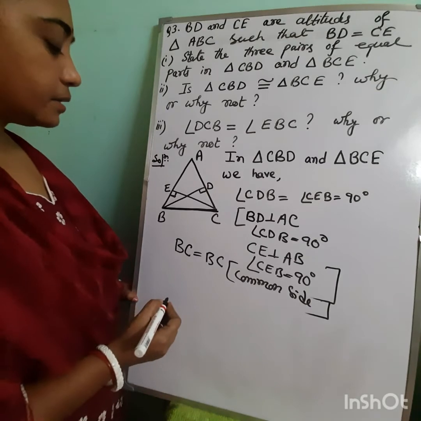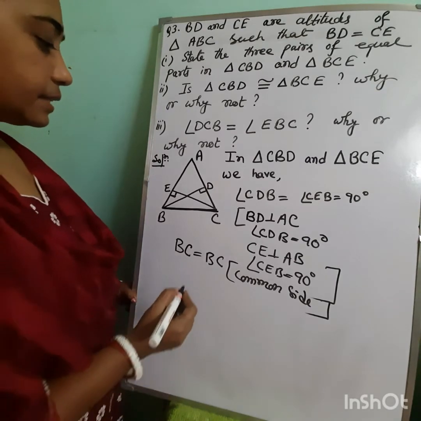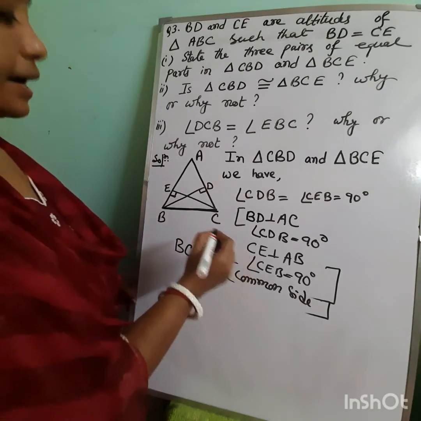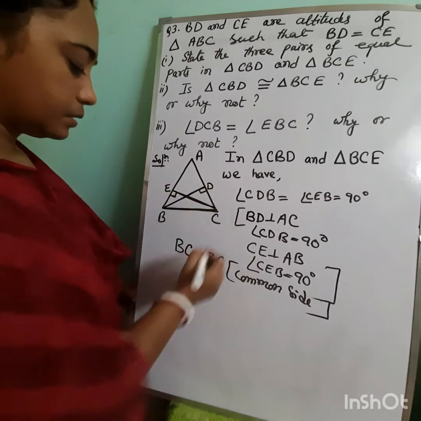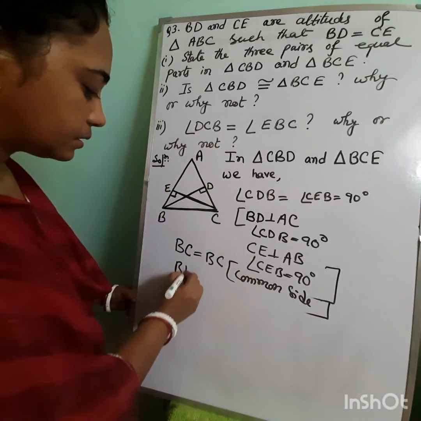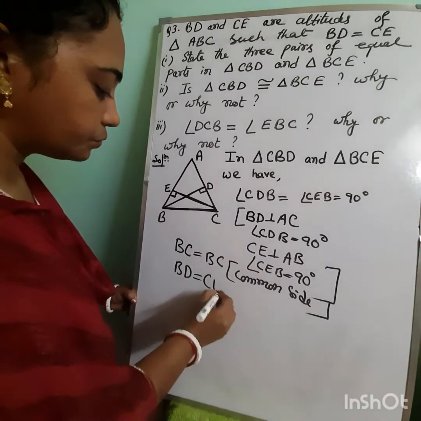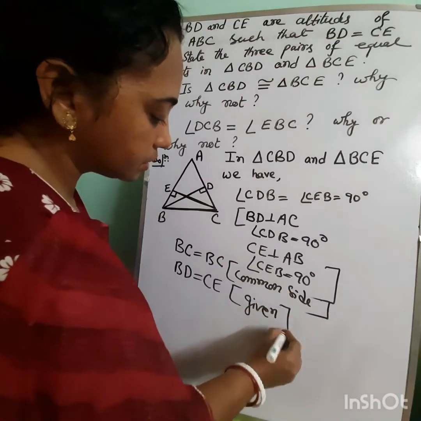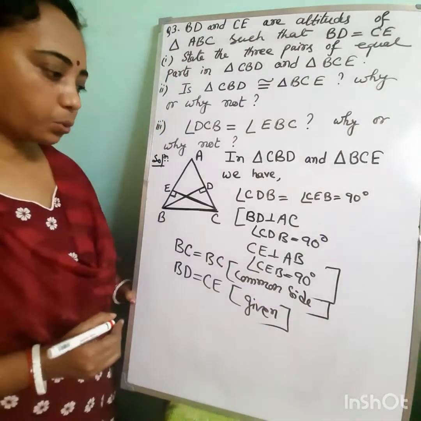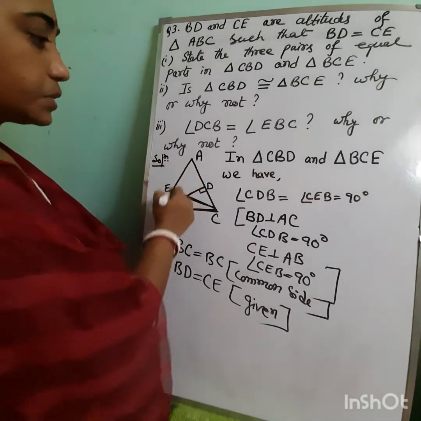And another side is BD, which is equal to CE, as given in the question. So here we are getting three equalities from these two triangles.